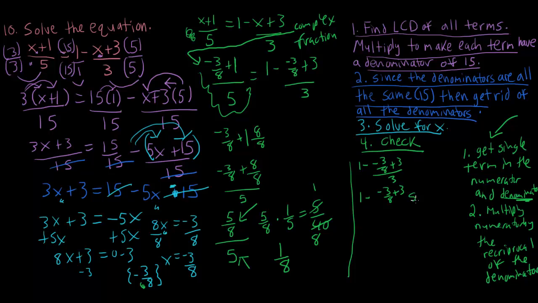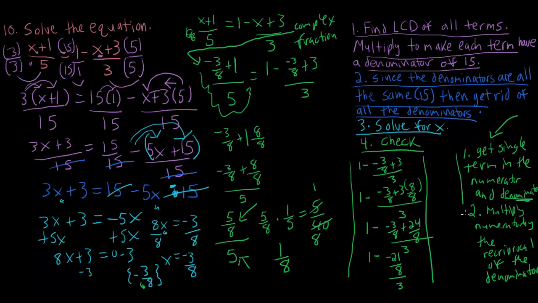So LCD would be 8. So multiply the top and bottom by 8. We get 1 minus negative 3/8 plus 24 over 8. And then if you add the two together, that's over 3. You get negative 3/8 plus 24/8 is negative 21 over 8, and that's divided by 3.